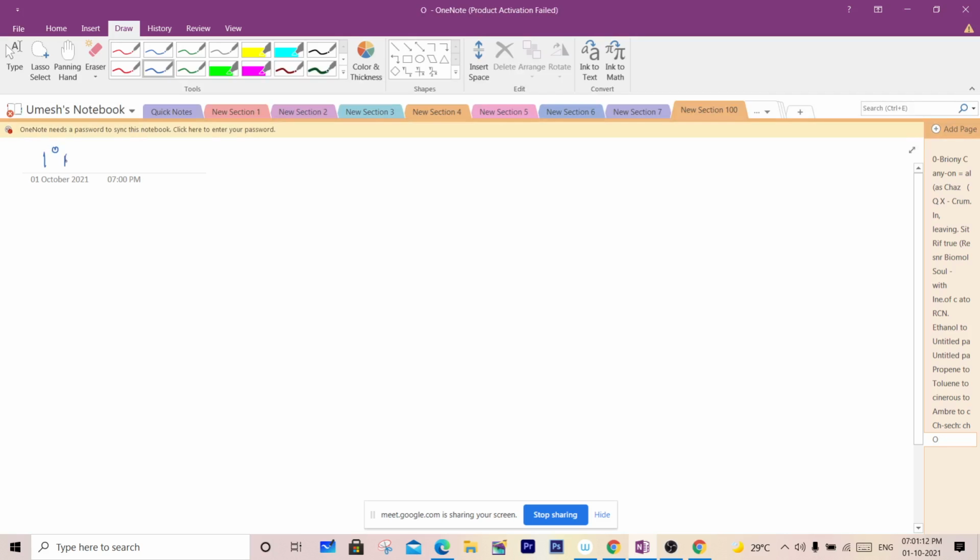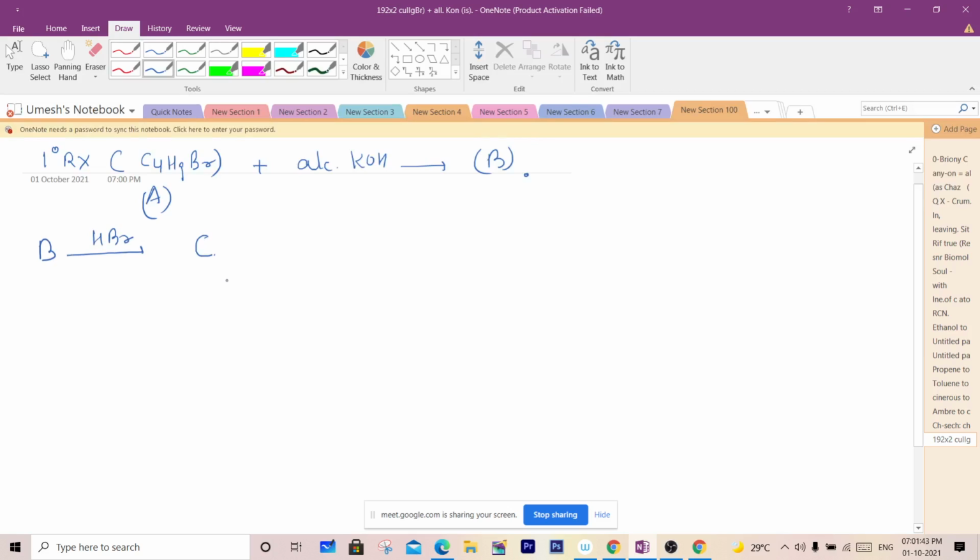A primary alkyl halide having the formula C4H9Br reacts with alcoholic KOH to give a compound B. This is compound A, this gives compound B. Compound B is treated with HBr to give a compound C. B and C are isomers of each other.